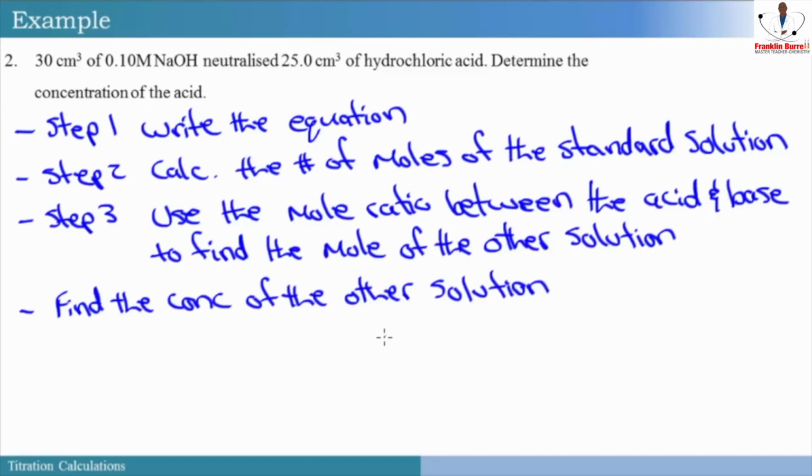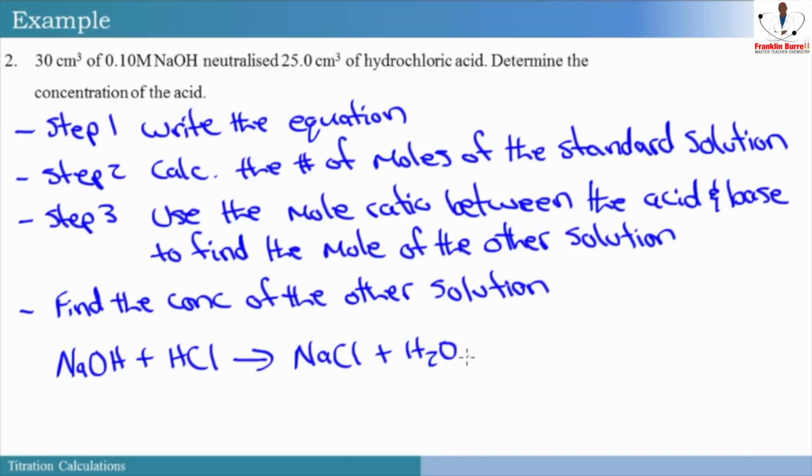So let's see quickly how we could do this. In step 1, we would need to write the equation between sodium hydroxide and hydrochloric acid. So you'd write quickly NaOH plus HCl, and that would produce sodium chloride plus water.